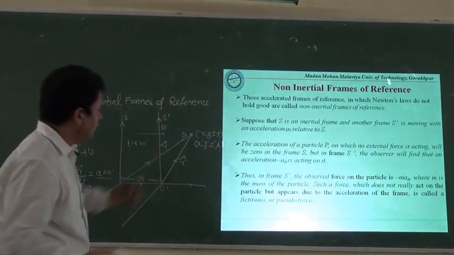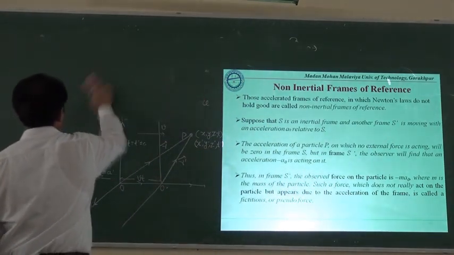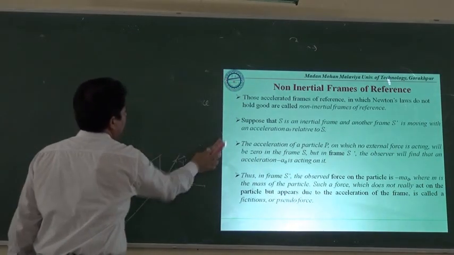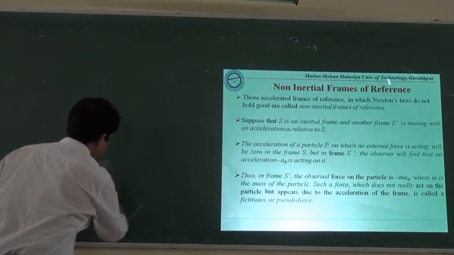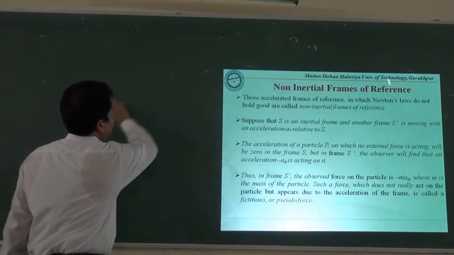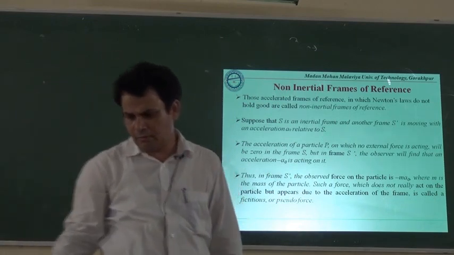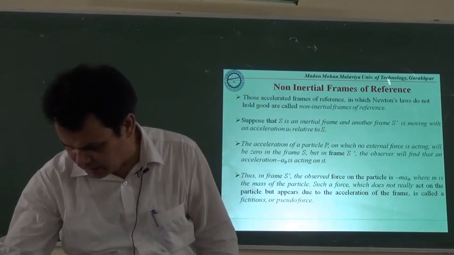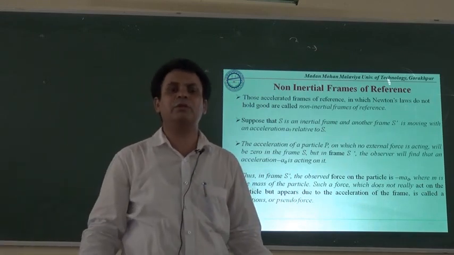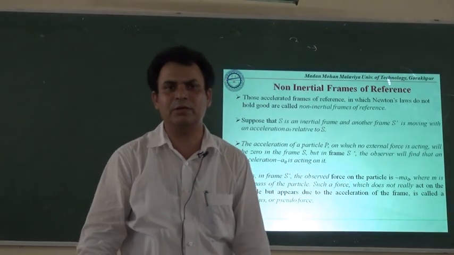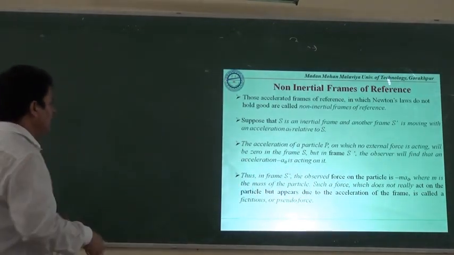Let us discuss this point a little, because when we say there is a fictitious force, there is an acceleration experienced by the particle by being in the moving frame of reference, even though no force has been applied on that particle. How can it be grasped here?